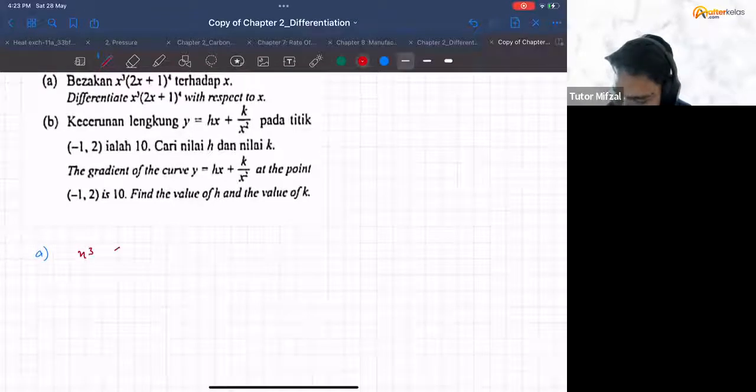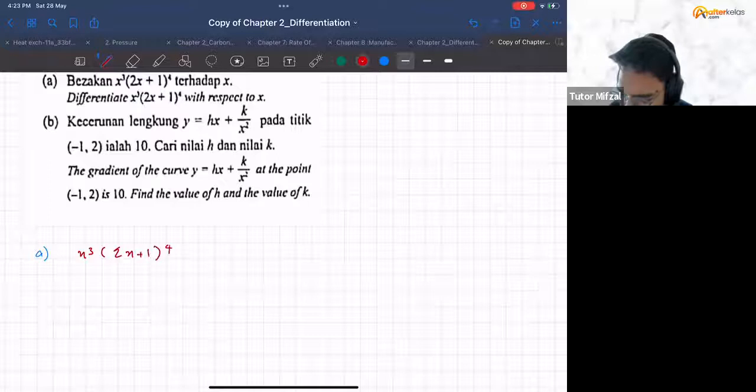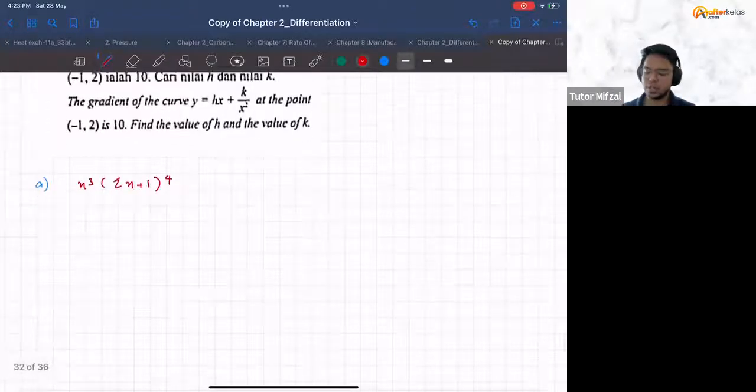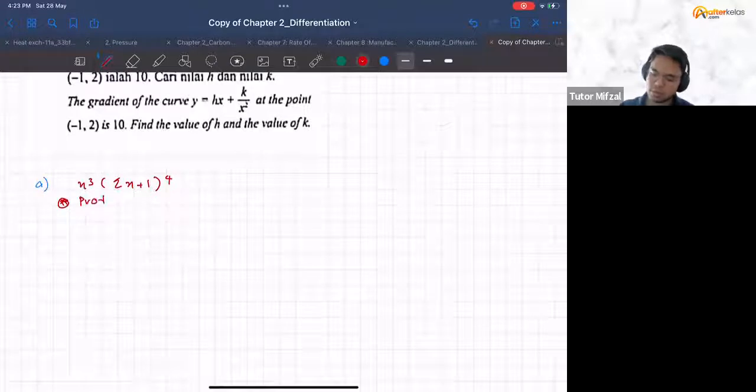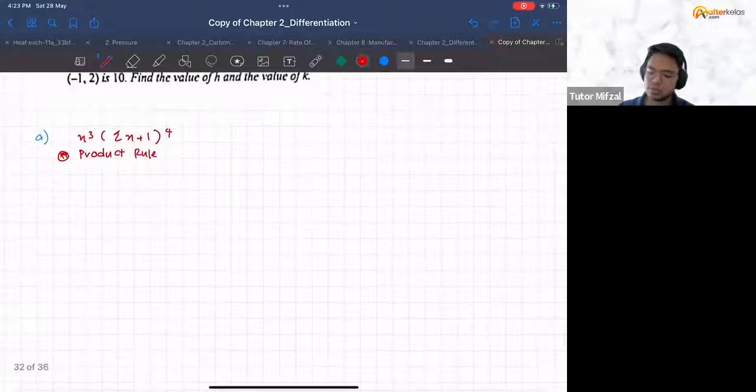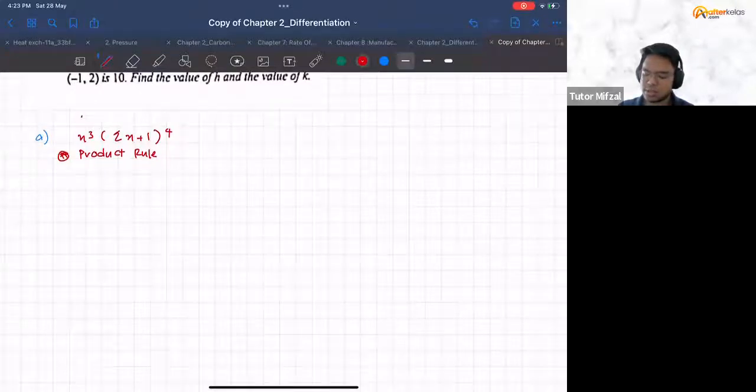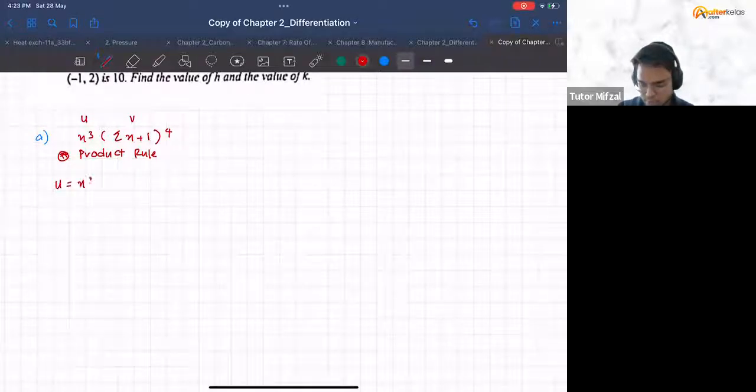Now, in order for us to solve this question, we have to use the product rule. So to do the product rule, you have to determine your u and your v. So your u is x cubed and your v is equivalent to 2x plus 1 to the power of 4.